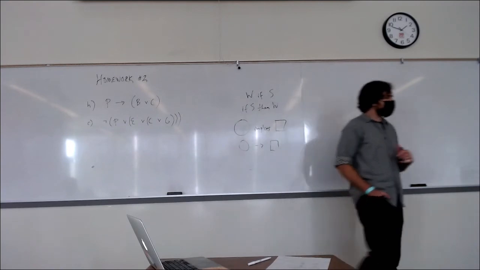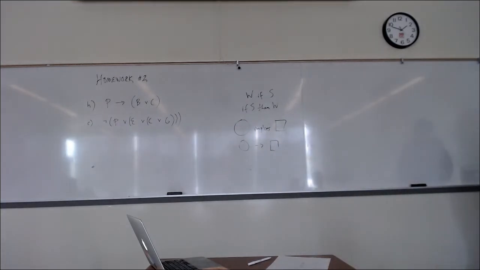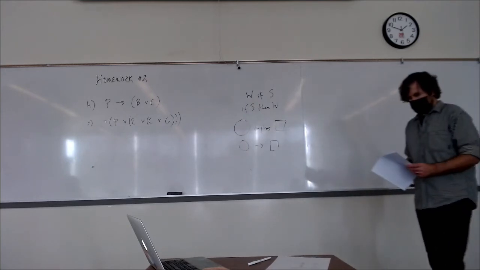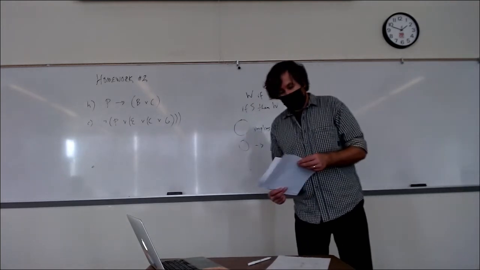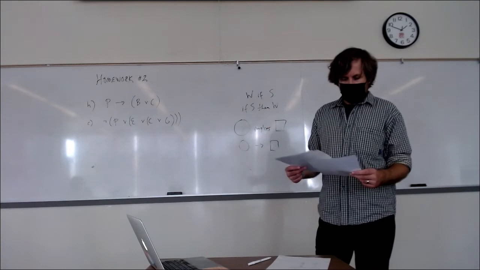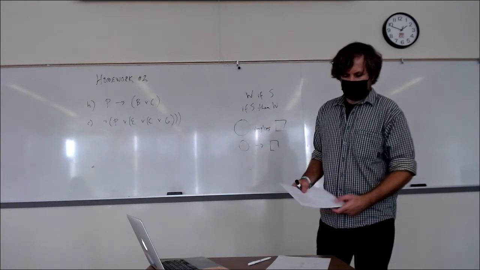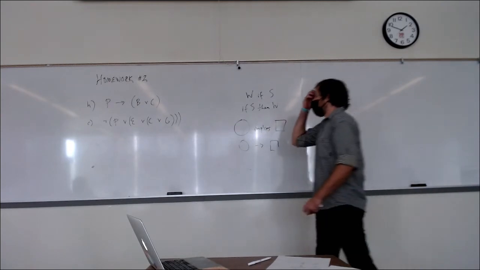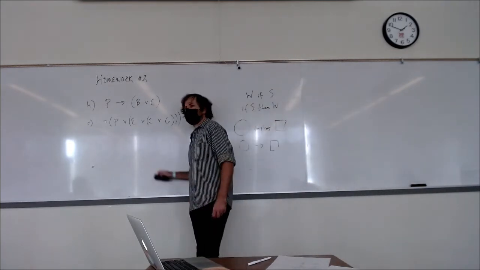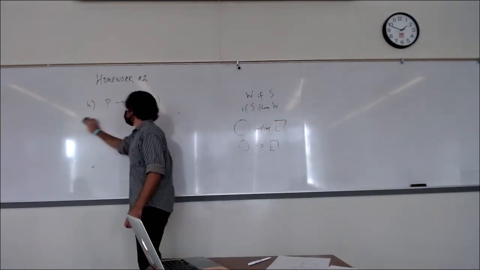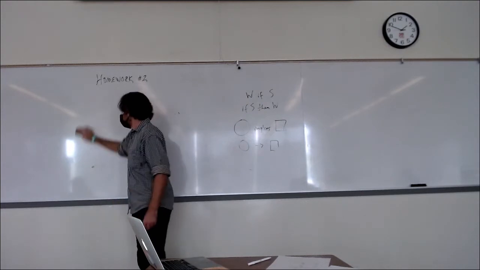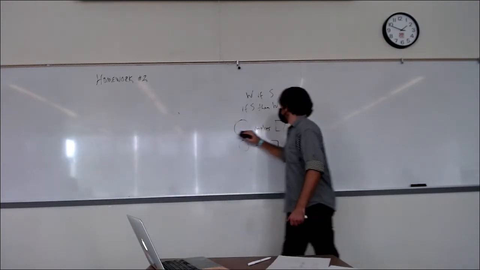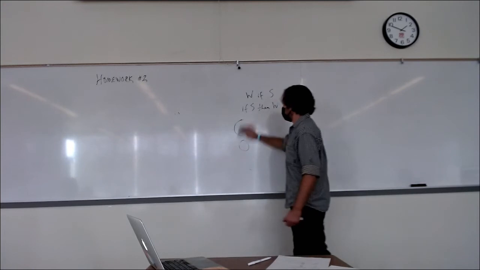Homework number 3 requires you to do proofs. So it's really important to do homework number 3 that you're able to do I and J. Okay, because those are simpler proofs. Questions about I and J?